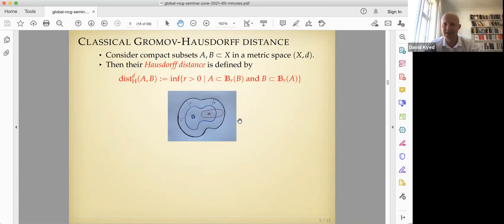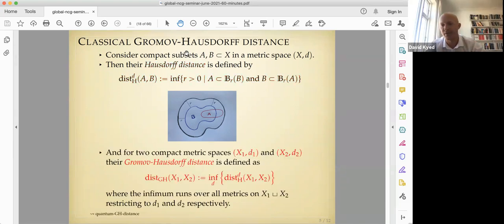And in particular, this is way before Michael Gromov entered the stage. And his contribution to this part is that he was interested in the situation where you have two compact spaces, but no ambient space within which to compare them. So the more general setting is that if I take two compact metric spaces, I also want to measure a distance between them.